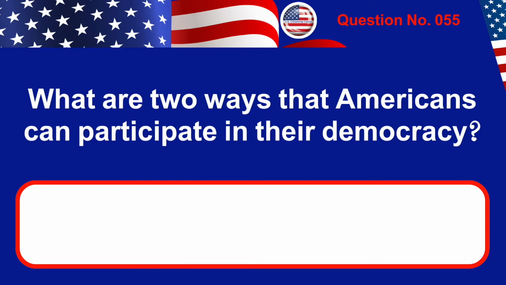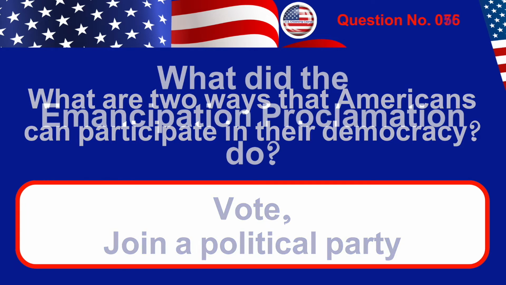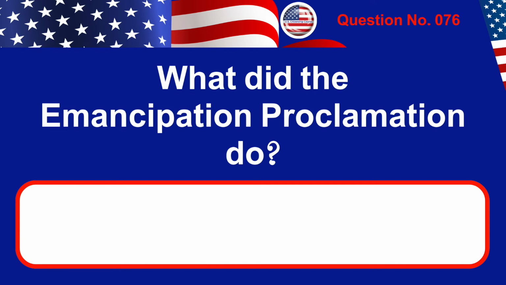What are two ways that Americans can participate in their democracy? Vote. Join a political party. What did the Emancipation Proclamation do?